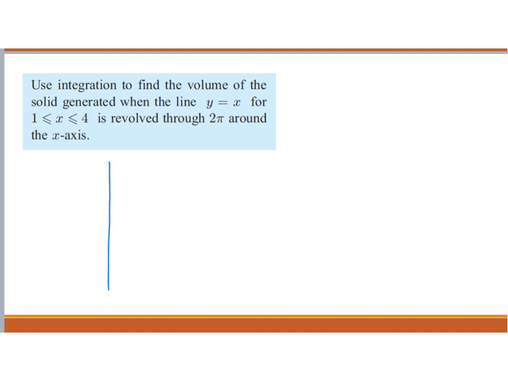So let's make a quick sketch. This is y, this is x, and let's say that this is the line y is equal to x. So if we revolve this 360 degrees around the x-axis, the figure is formed from 1 to 4. So let's say this is 1 and this is 4.